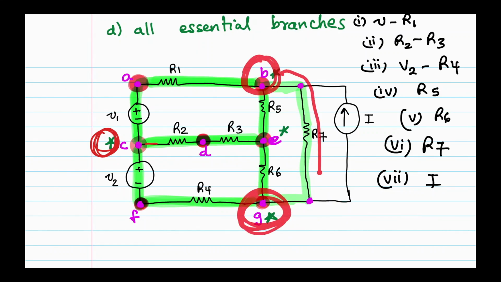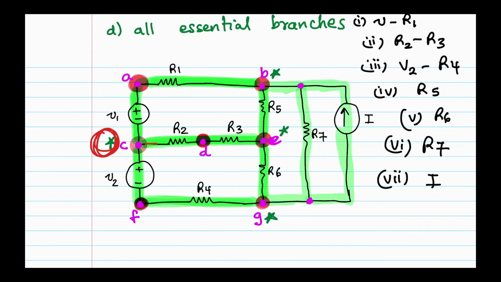So I have this path that is an essential branch, and so is this guy. So is the current source I, which is essentially between this essential node and G, the essential node. That guy is a path, an essential branch. So we have listed all the essential branches.